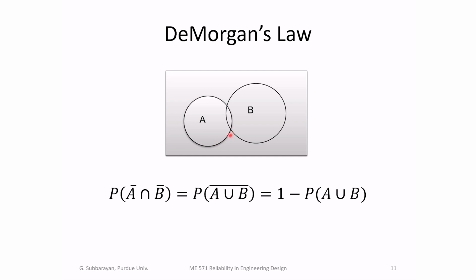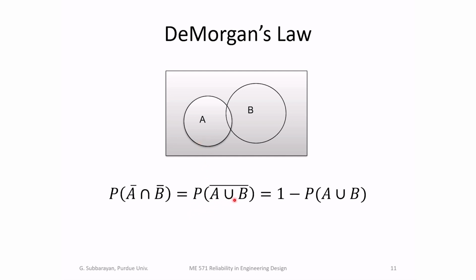A not occurring is everything outside of A, B not occurring is everything outside of B. And so if I take the intersection of those two, what I would get is the region outside of this region that I'm showing. And that is nothing but A union B not occurring.